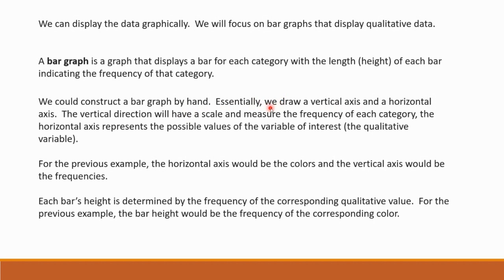The horizontal axis is where the qualitative data values are. So for instance, with the colors, you would have blue, orange, green on the horizontal axis. And to actually display the frequency of each, you would use a vertical bar. The height of the bar equals the frequency.